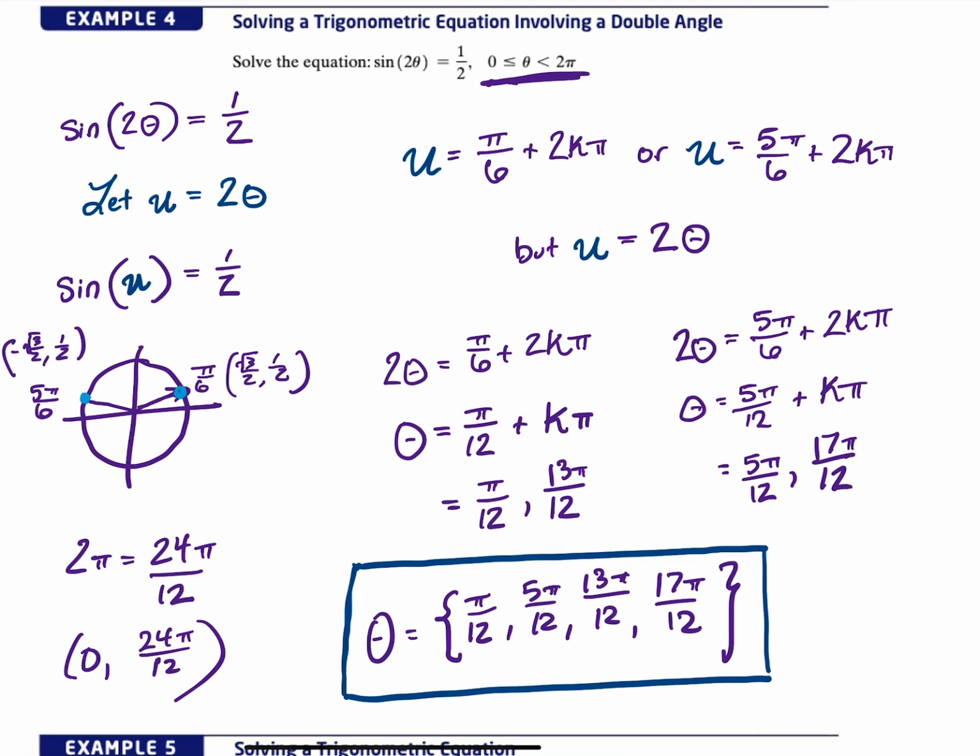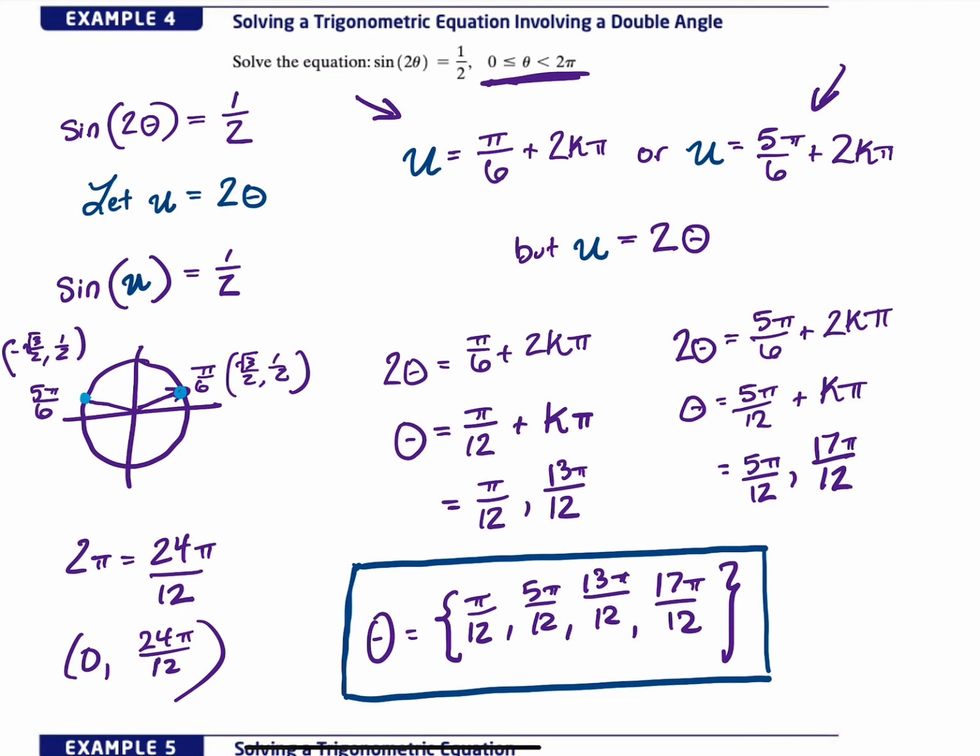We could have just kept this as 2 theta the whole time, but this can be a visual help to get us started. So the sine of something equals 1/2. Well, we can find around the unit circle where that's true. And then we build this general solution for each one.